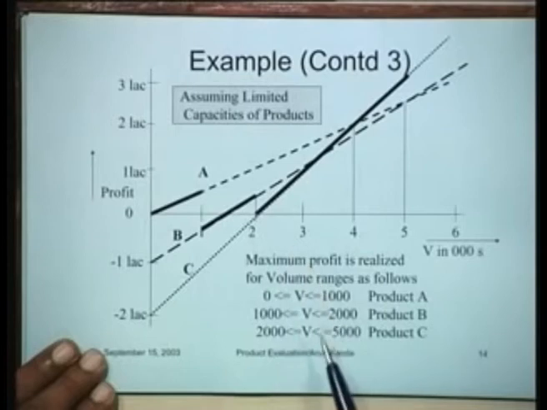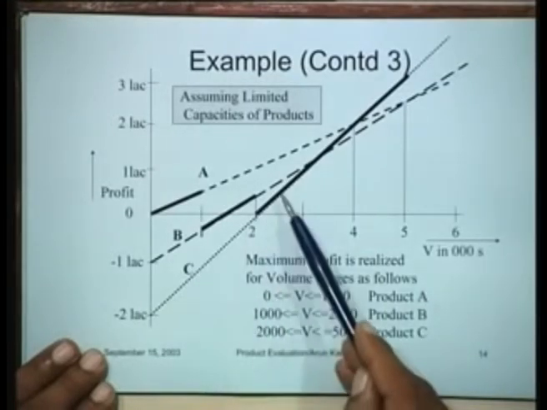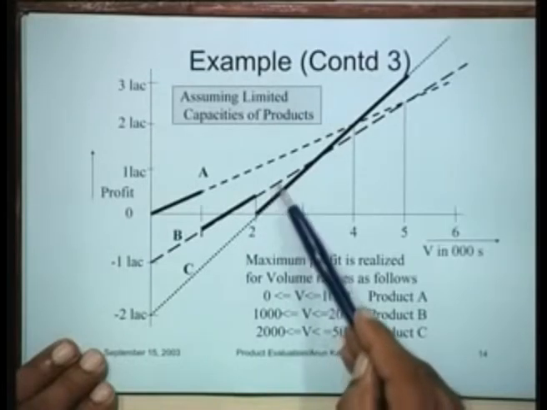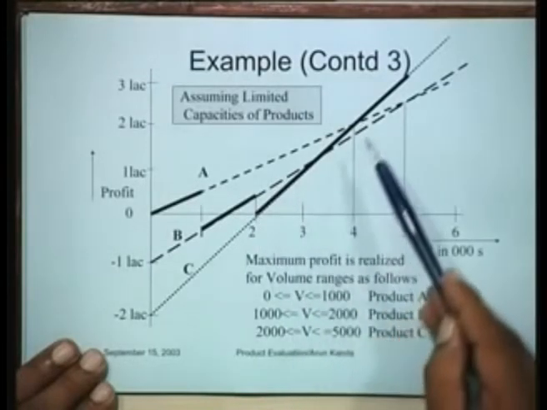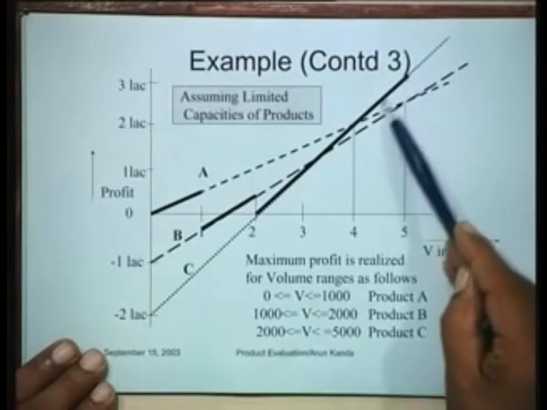And then the third product, which is product C, it is lower here, but is still lower than this, but this is not available now. So from 2000 onwards up to 5000, that means here.